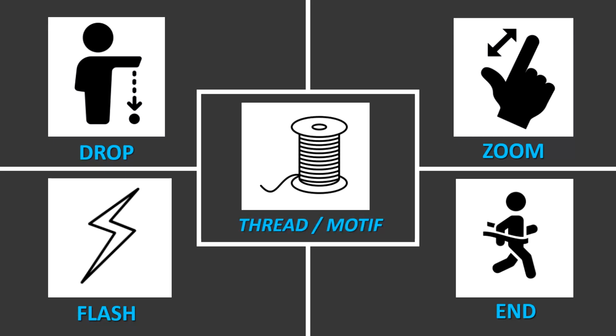But finally, in the middle of this diagram, we've got this thread or a motif. And why I've added this into the drop, the zoom, the flash and the end is because if you're a really skilled writer, a thread enables you to link all of your ideas together. A motif, by the way, is a recurring symbol, something that keeps popping up. So if you can, experiment with starting off your story with perhaps something in that drop section that keeps reoccurring.